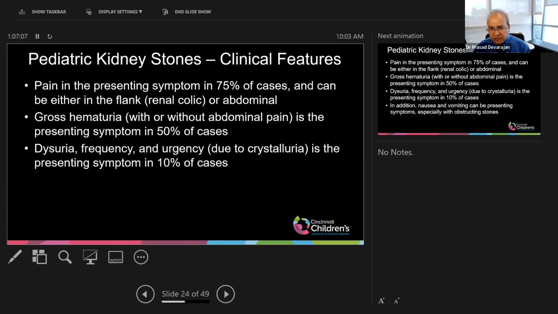Dysuria, frequency, urgency, and we believe that that is because of the crystalluria. As you have these crystals traveling down the urinary tract, and the child trying to excrete this high crystal load, that leads to dysuria, frequency, urgency.